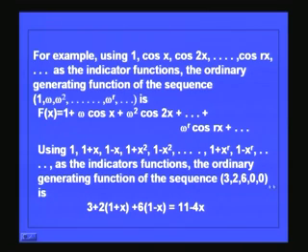That is 3 plus 2 into 1 plus x plus 6 into 1 minus x. If you simplify, this will reduce to 3 plus 2 plus 6, 11, and 2x minus 6x will give you minus 4x. So the ordinary generating function becomes 11 minus 4x for this particular sequence using these as indicator functions.